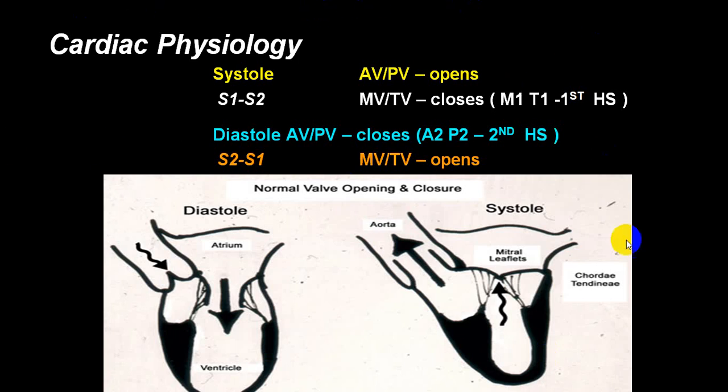To find out the pathological effect, you have to know from where the blood is flowing.